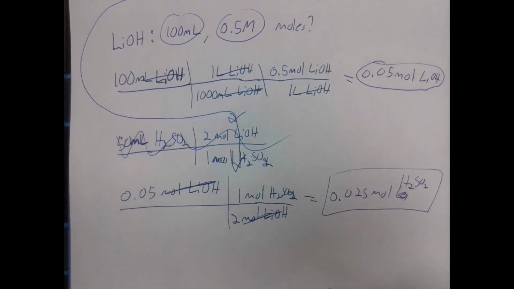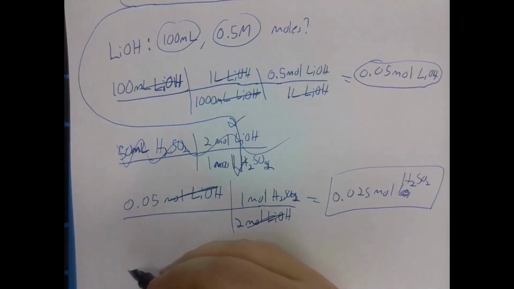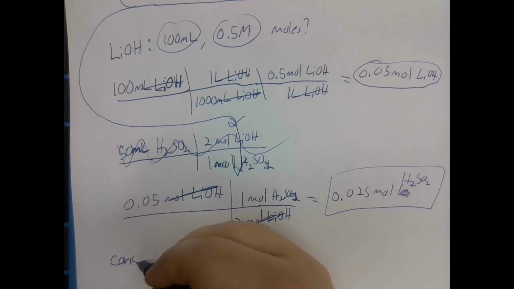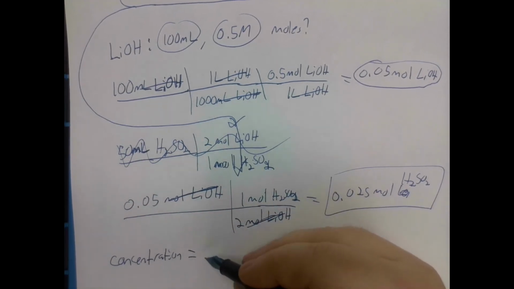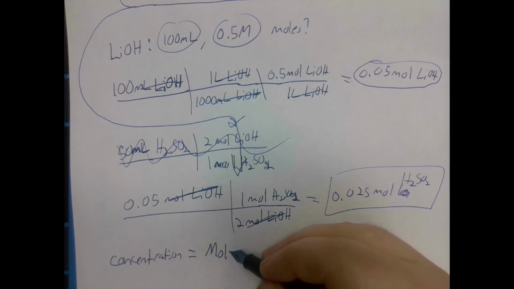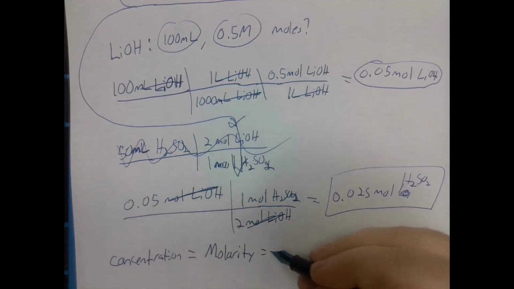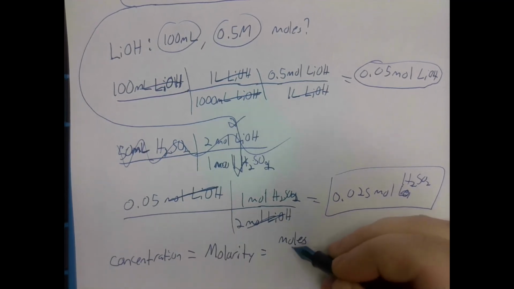Now, what is the concentration of sulfuric acid we use? Well, I know I have 50 milliliters, and I know I have moles. Concentration in this class, the best unit for concentration is molarity, which is moles over liters.